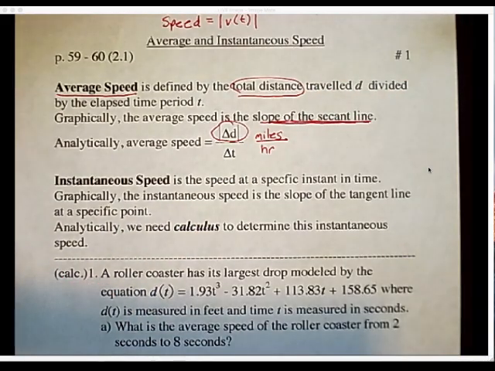Now, instantaneous speed, it says, is the speed at a specific instant of time. So you look down when you're driving, and at a certain instant you might be going 63 miles per hour. But maybe over the first 5 hours of a long road trip, you might not be going 63 the whole time.